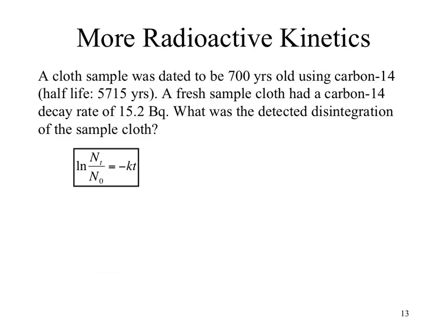What are we wanting to solve for? Indirectly, yes. What does the question want? The question wants the detected disintegration of the sample cloth, which means the number of radioactive particles when we measured it, which would be N sub T. What is the sub T? 700 years.